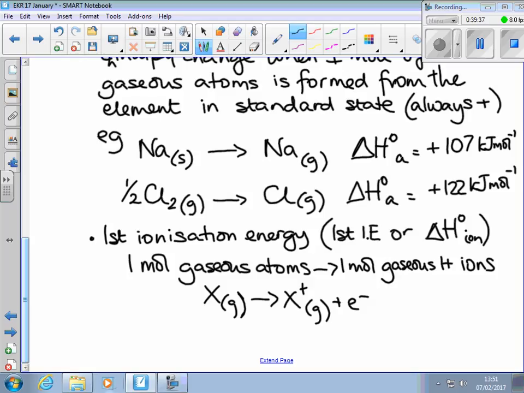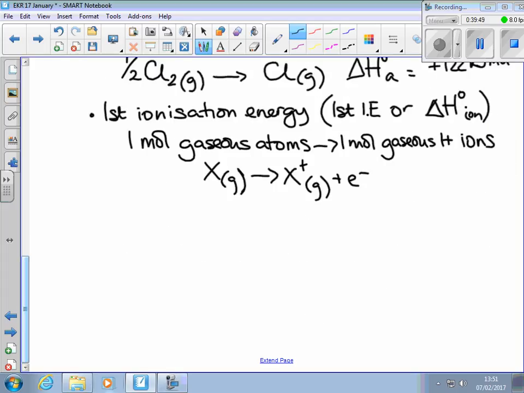However, we also have second, third, fourth, fifth, increasing numbers of ionization energies. Needless to say, it's going to get quite hard. If you want to take a second electron off sodium, of course you have to then attack a full shell, so that is actually much harder.